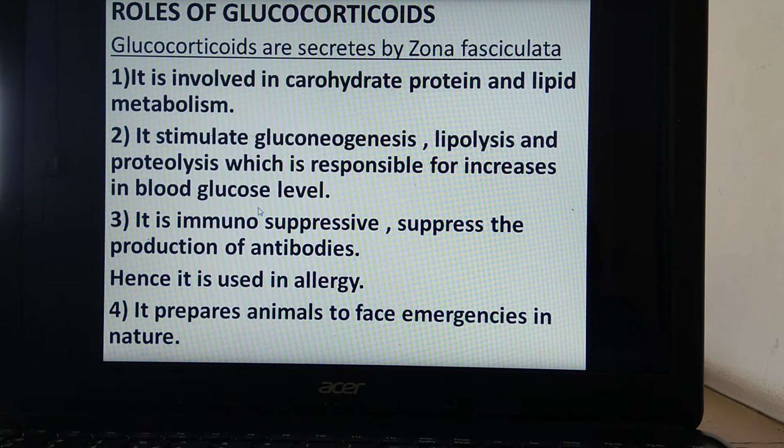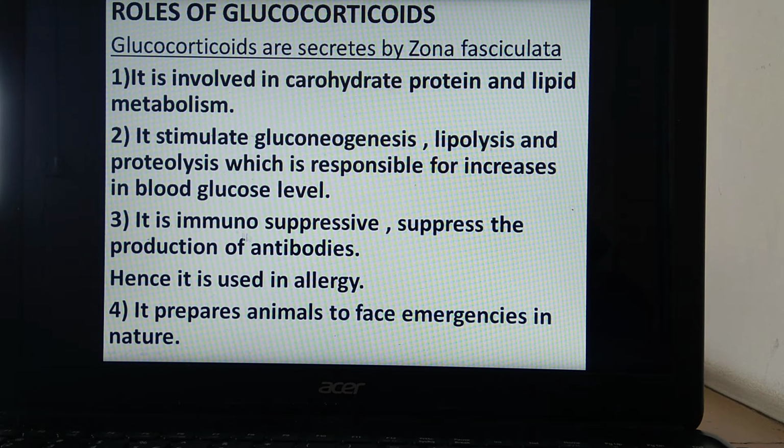Okay, so this is the second function for the glucocorticoid, stimulating gluconeogenesis, that is formation of glucose from non-carbohydrate substances like proteins and fat, and for that it brings about lysis of lipid and lysis of protein, that is breaking of protein and lipid.